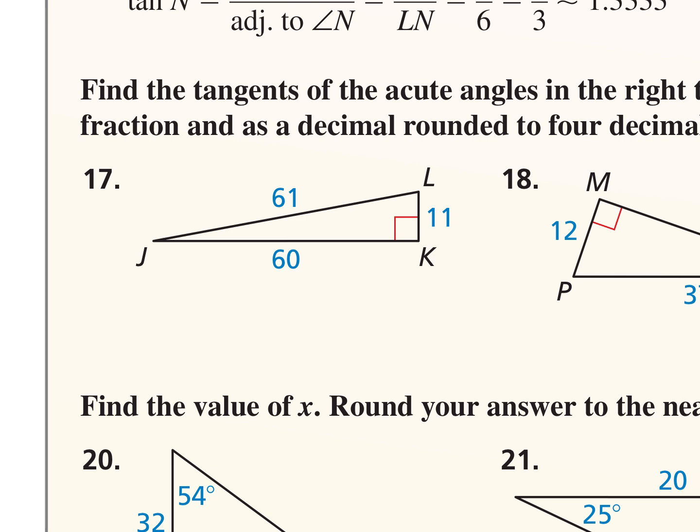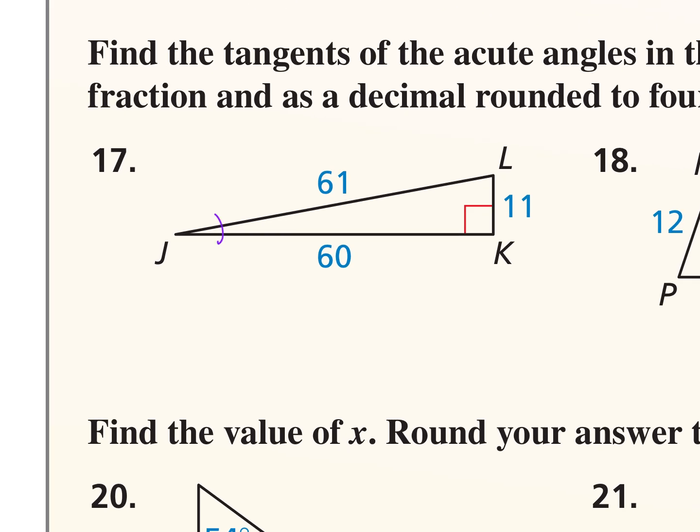Okay, so looking at this, solving for the tangent of the angle, I'm going to go ahead and do angle J first. So if you forgot tangent, we have SOHCAHTOA. TOA is my tangent. That means I'm going to have opposite over adjacent. So using what I have, tan J. Writing it as a fraction, opposite side is 11 over my adjacent side, which is 60.